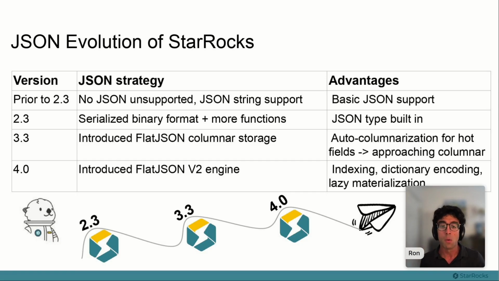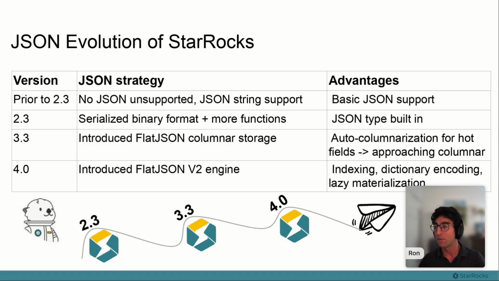Now with 4.0, we're introducing the flat JSON v2 engine, and we get a whole bunch of advantages with that, like indexing, dictionary encoding, and lazy materialization, which I'll talk about briefly in a second. That takes the flat JSON engine to new heights.